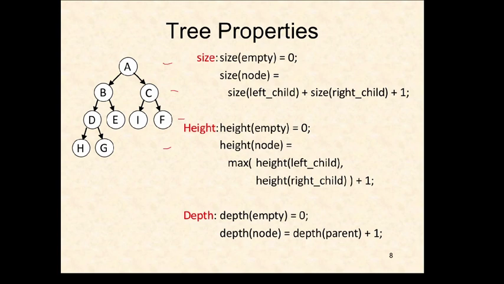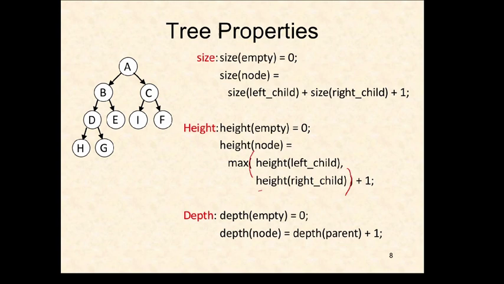But more than that, what is the height of any given node within that tree? If I give you a null pointer, you'd say 0. If I don't give you a null pointer, take the maximum of the height of the left and the height of the right, and add 1.